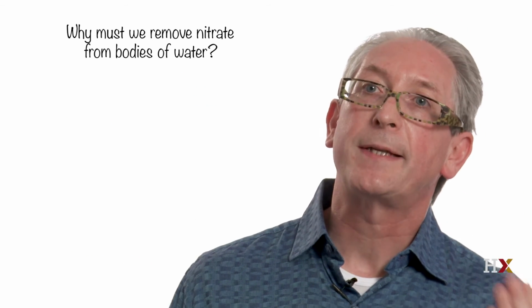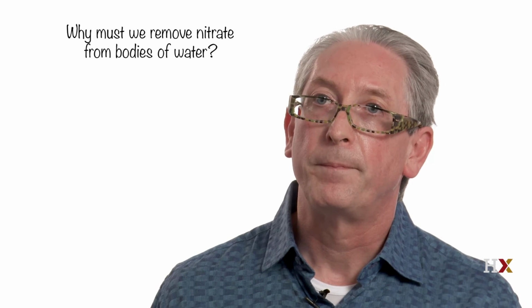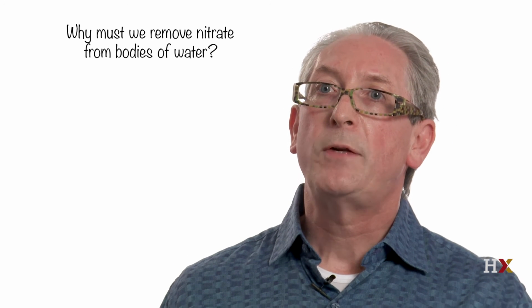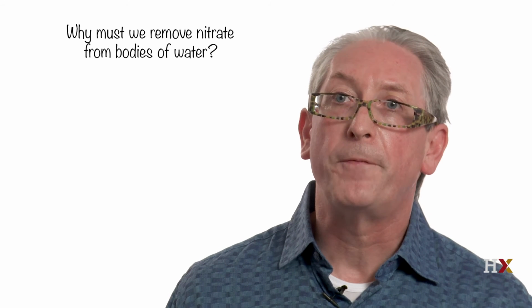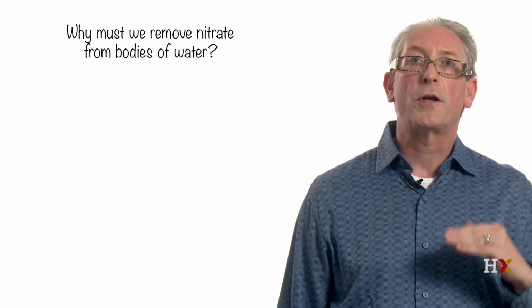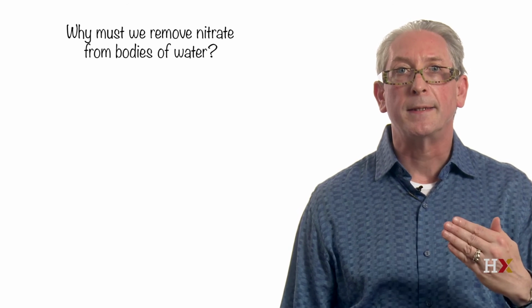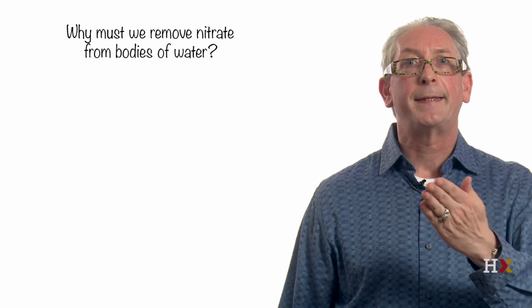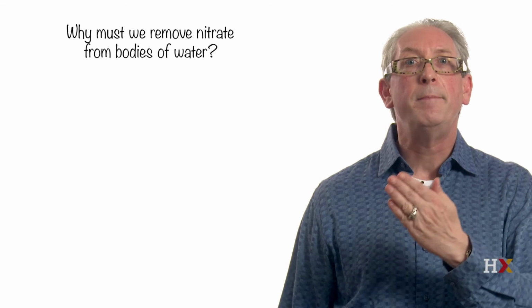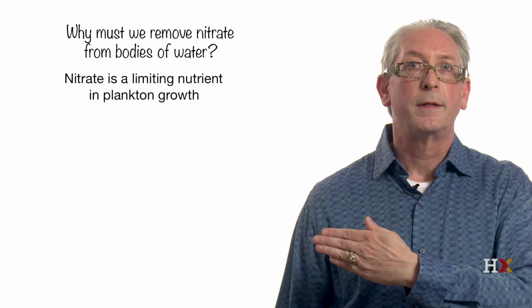Now, if nitrates accumulate in bodies of water, then it will stimulate the growth of phytoplankton. Because under normal conditions, what limits the growth of phytoplankton is the fact that nitrate is in limited amount in this water.